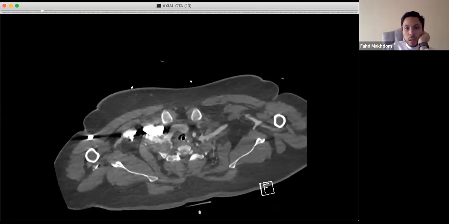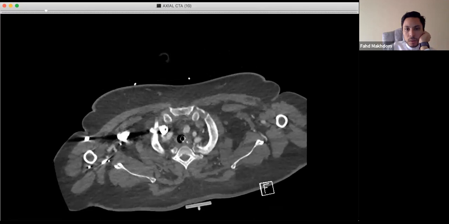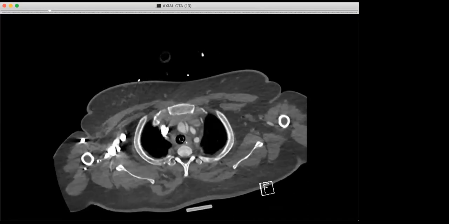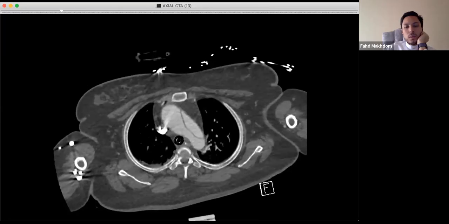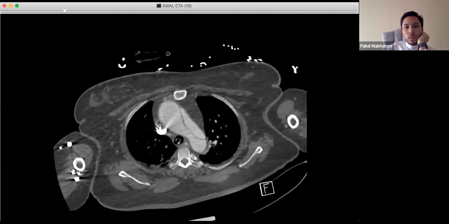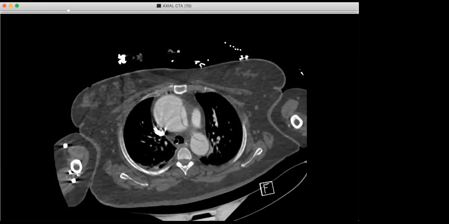I think it's in the innominate, yes. And sparing the two other vessels.